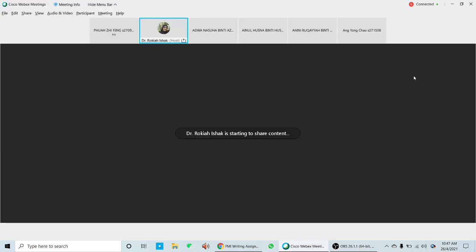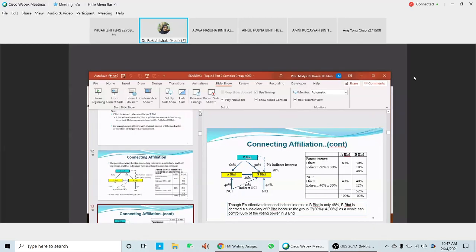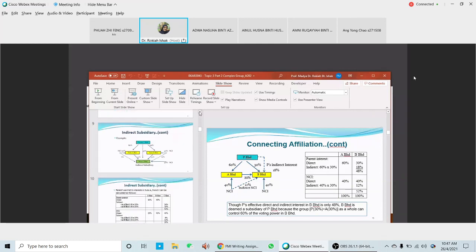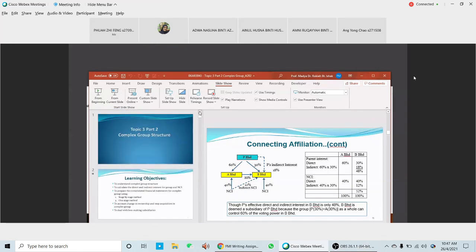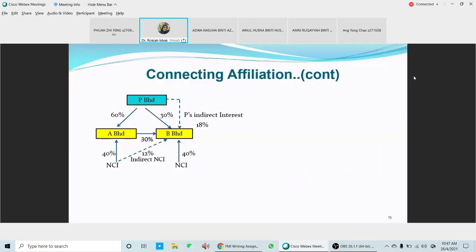This one is another thing that is more complicated. Before this, in part 1, you learned about increase in the shareholding and disposal of shareholdings. Now we're going to look at complex group structures.